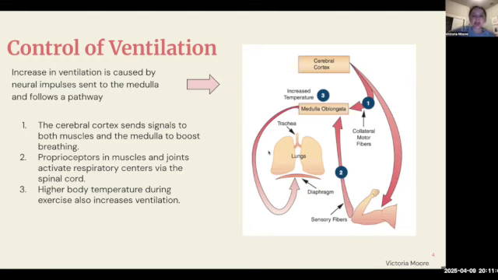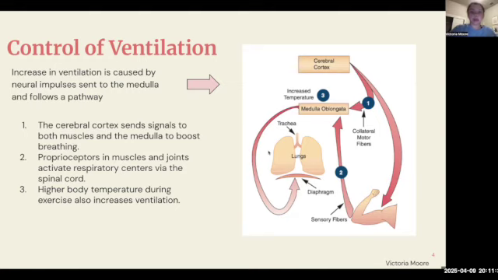Instead, there is a pathway that shows how the brain and body send signals to ramp up ventilation. The first starts off with the cerebral cortex, which signals both the muscles to move and the medulla to breathe more deeply and rapidly. So this will boost the breathing.